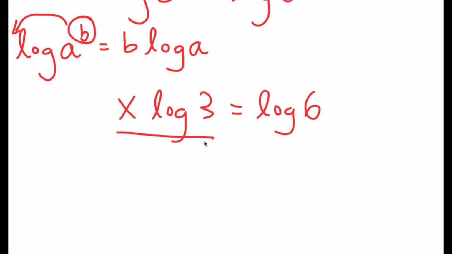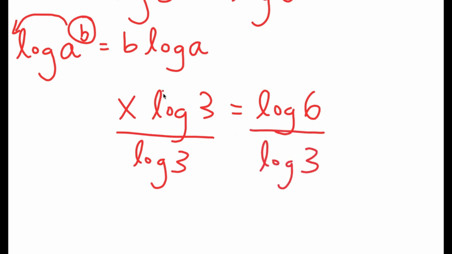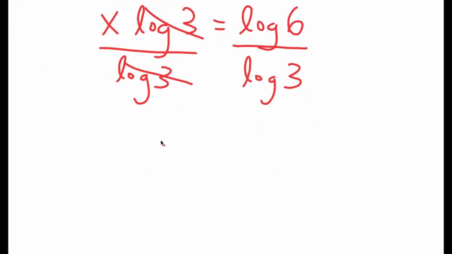Now I'm going to divide both sides by log 3, because again, we want to isolate x. So by doing this, these two cancel out, and I get x is equal to log 6 over log 3.